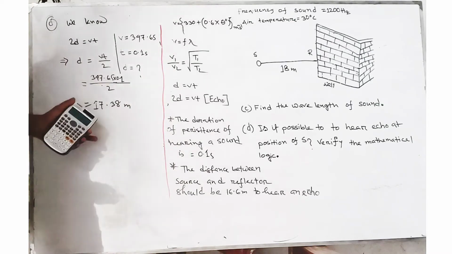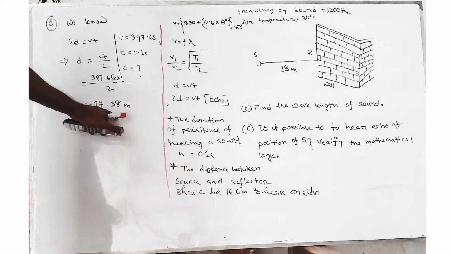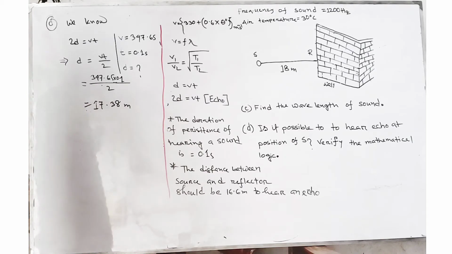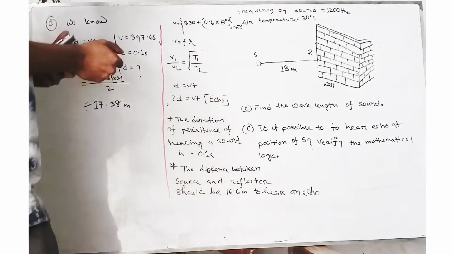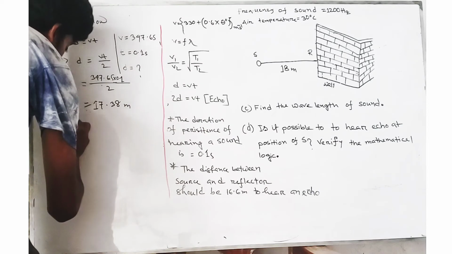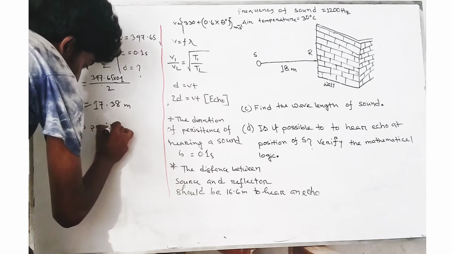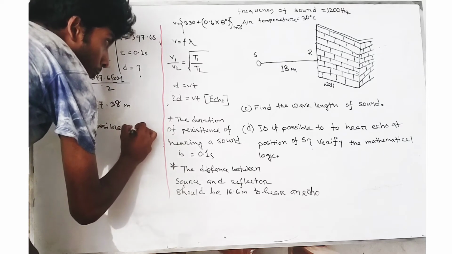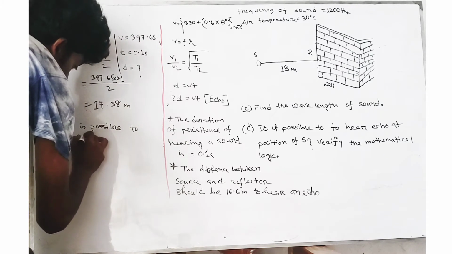If we want to hear the echo, we need a distance of 17.38 meter. But we have 18 meter. So we can hear the echo. It is possible to hear the echo.